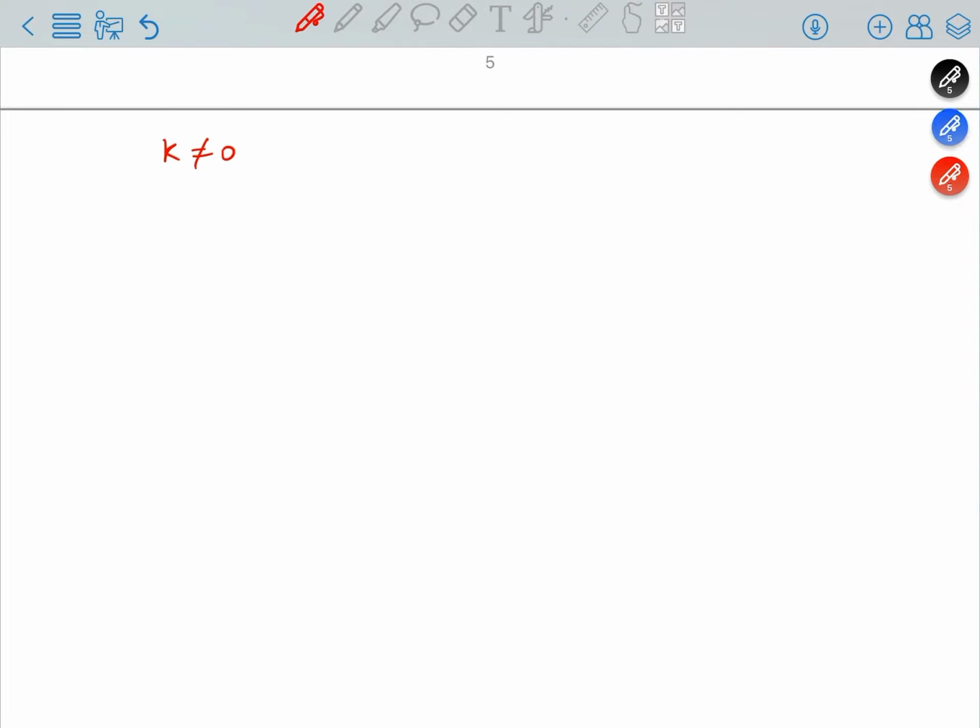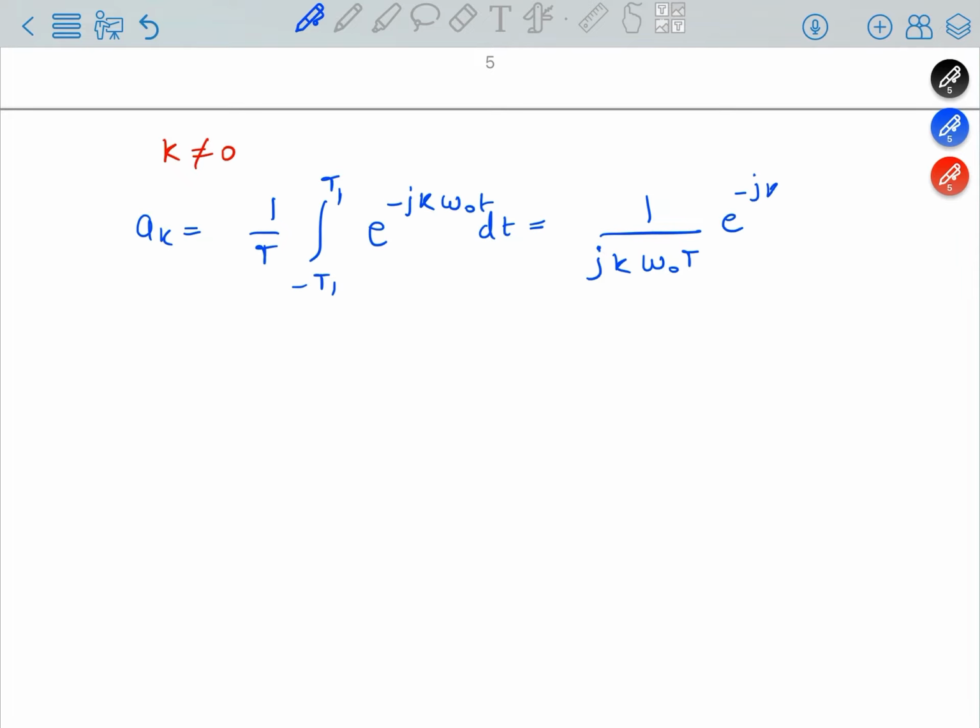So from the representation, we can take a_k as 1 upon T, integral from minus T1 to T1, that is the interval, and the value is 1. So you will take 1 into e raised to the power minus jk omega naught t dt, and this value we know from the integration property will be equal to 1 by minus jk omega naught T times e raised to the power minus jk omega naught t, with the limits from minus T1 to T1.